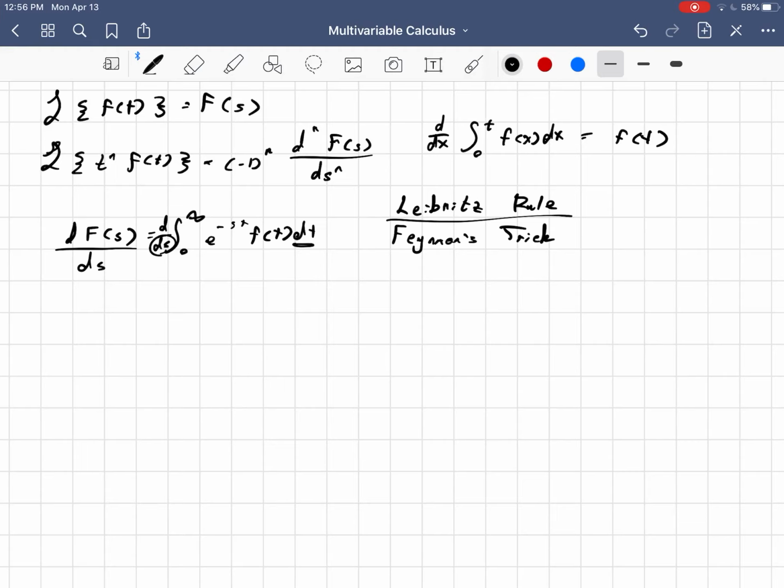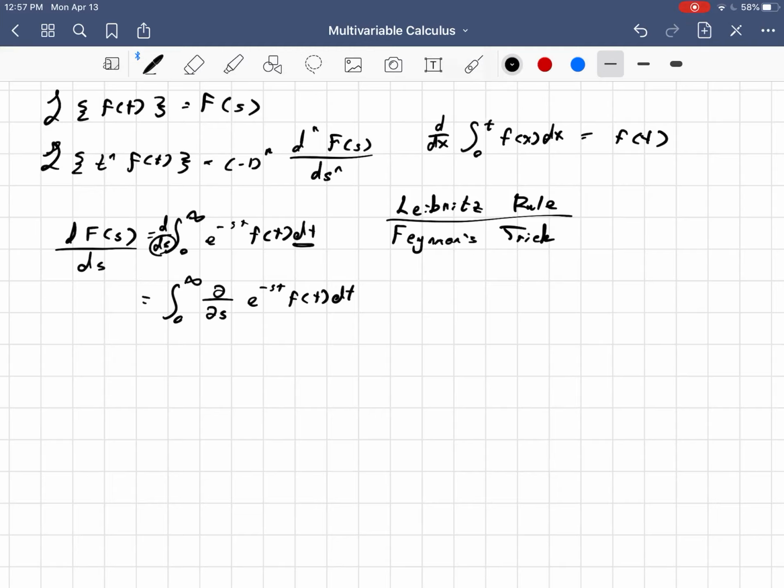In that case, we just got f of t. But here, the Leibniz rule says that we can make this the integral from 0 to infinity of the partial derivative with respect to s of e to the negative st times f of t dt.